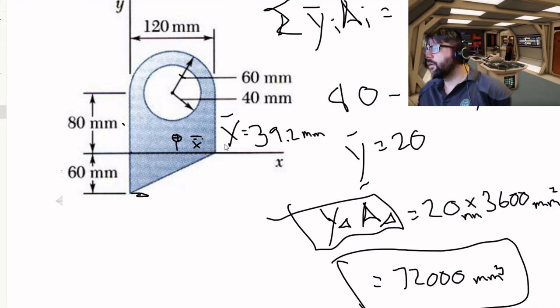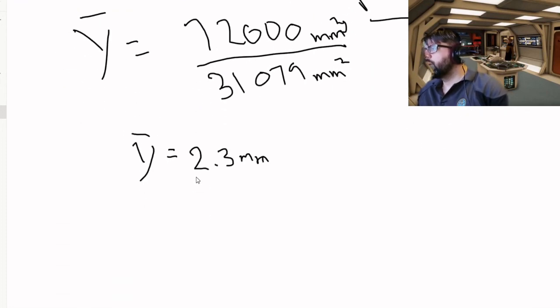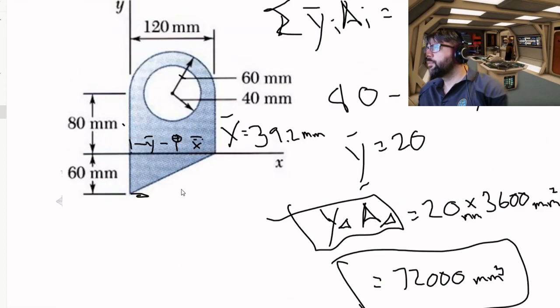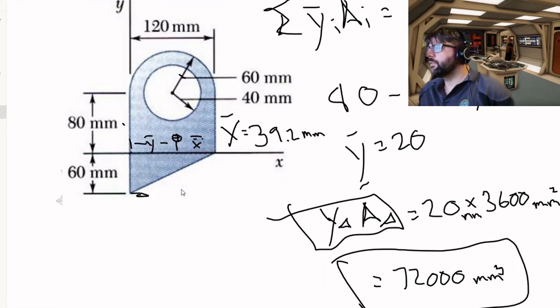And then our y bar from there to there, that's going to be the 2.3 millimeters plus half the width, so 60. So y bar is equal to 62.3 millimeters.